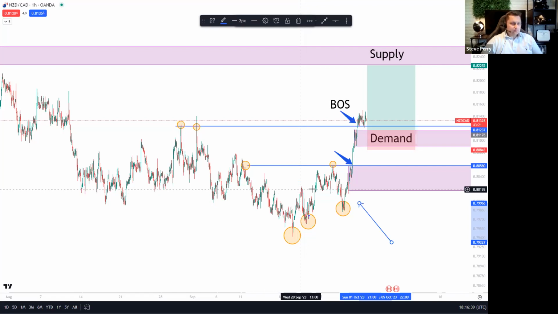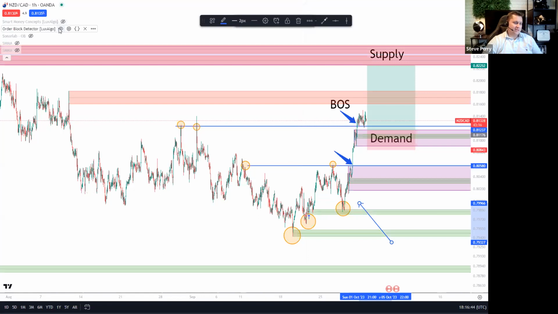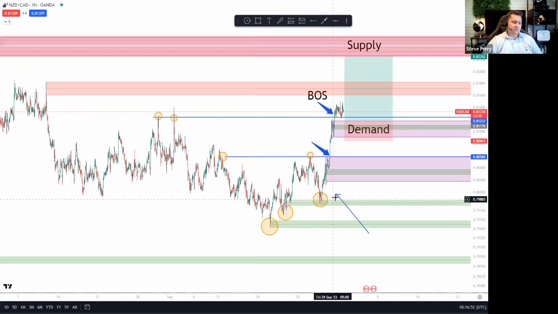Okay. So when I pull up, I have them loaded up here. When I pull up the order block detector, for example, let's just do that one for now, it shows me down here these green blocks. These are where supposedly banks put in orders. So there's orders down here, orders here, orders here. That makes sense for these orders right here because obviously what happened after these orders came in?